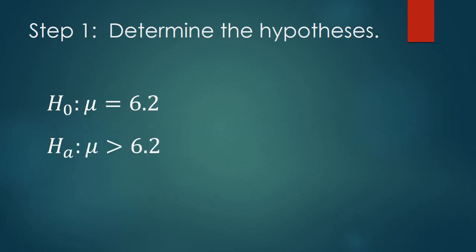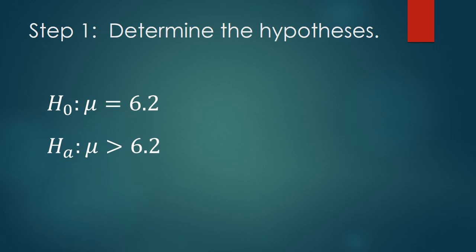inequality. So in our problem, we are told that our valves are designed to have a mean pressure of 6.2 psi. So that's our null hypothesis. That's our assumption. That's what we should accept as being true, except we never say accept, we never say true.